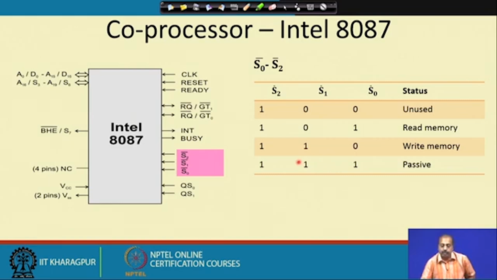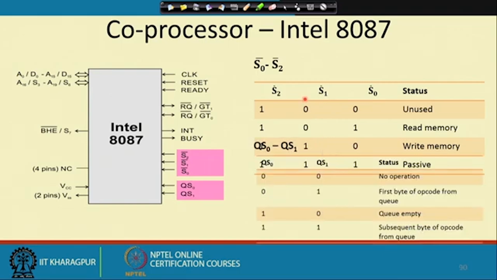The interesting thing is only 111, where the processor is not doing anything; that is passive mode. 100 is not used; it is left by the designers for some other purpose that is not documented, and 101 and 110 are for read and write memory operations.